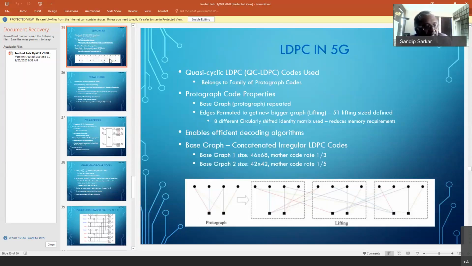And then this was subsequently adopted for 5G and so on. So this is how it is done. There's a large amount of literature. Look up some of Tom Richardson's publications for the original ones, and then if you just look up protograph codes for LDPC, you will find a whole lot of literature out there.